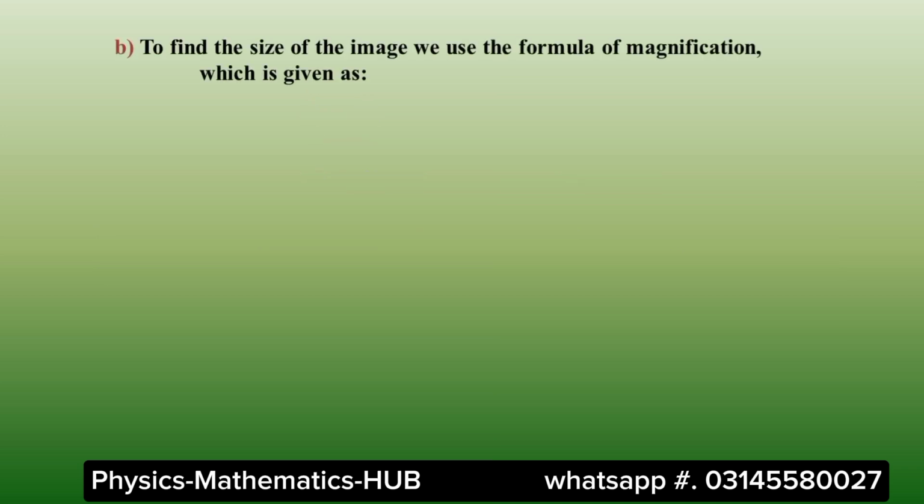In part B, we have to find the size of the image, so we will use the formula of magnification, which is given as m, for magnification, is equal to height of the image divided by height of the object is equal to minus position of the image divided by position of the object.